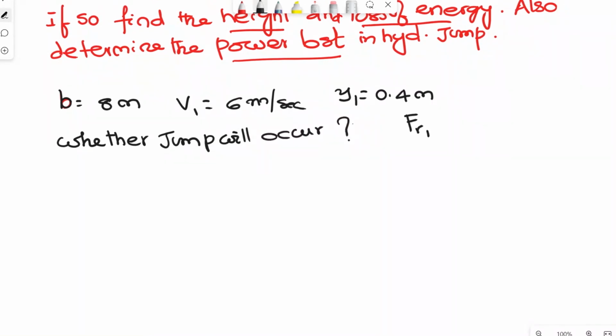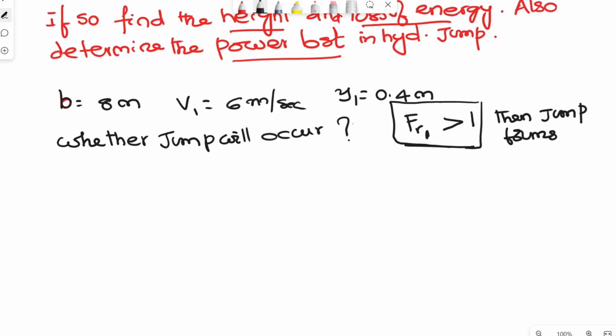If the Froude number of the incoming flow, FR1, is greater than 1, then the jump forms. If FR1 is less than 1, the jump will not form. The Froude number should be greater than 1, then only will the jump form. That is the first thing that you should understand.